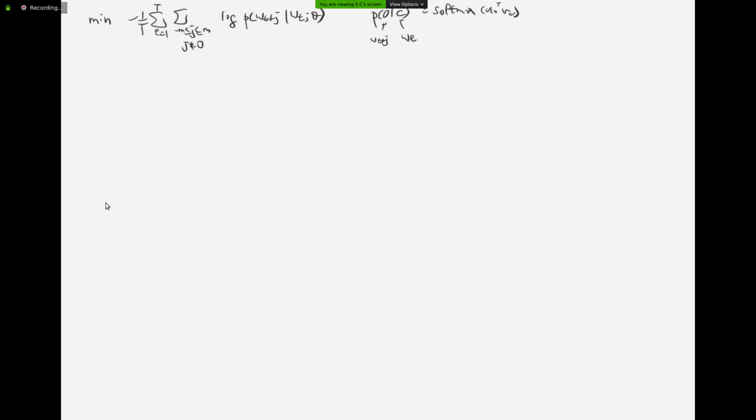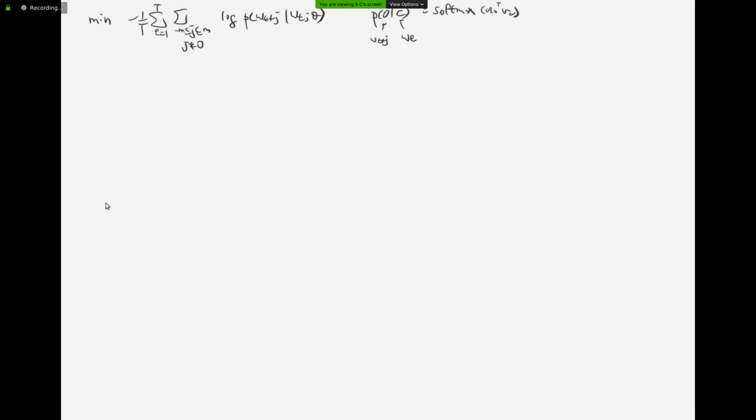I want to look at the log probability of wt plus j, the j-th word after t, given the center word wt.